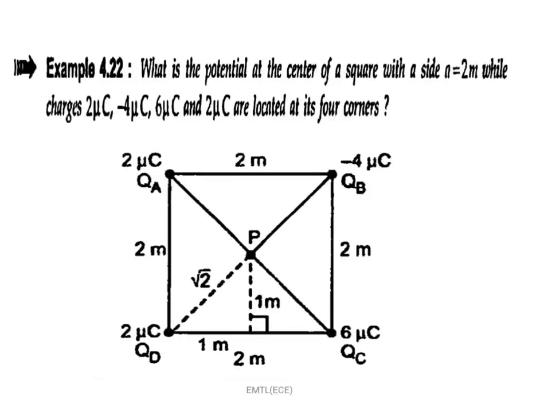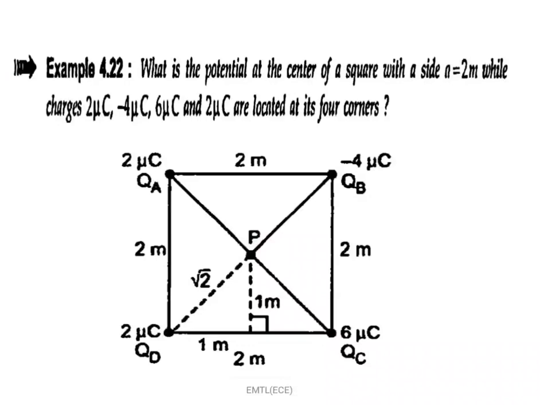So this figure represents the 4 charges and their respective positions, and the distance between the charges is 2 meters, that is each side is 2 meters, and this is the point, the center of the square. Now we have to find the potential at this point.